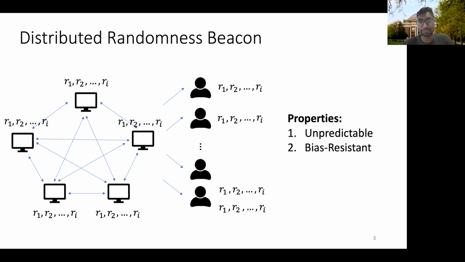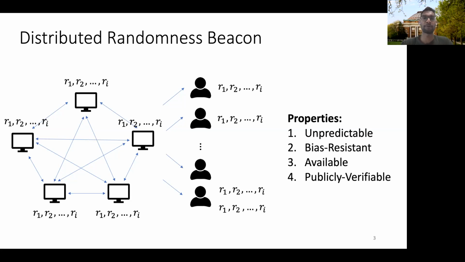We also want bias resistance, that is, we want the random string to come from a uniform distribution. And we want availability because that's important for applications. So we want this protocol to keep on generating fresh randomness despite the presence of the adversary. And we also want public verifiability.